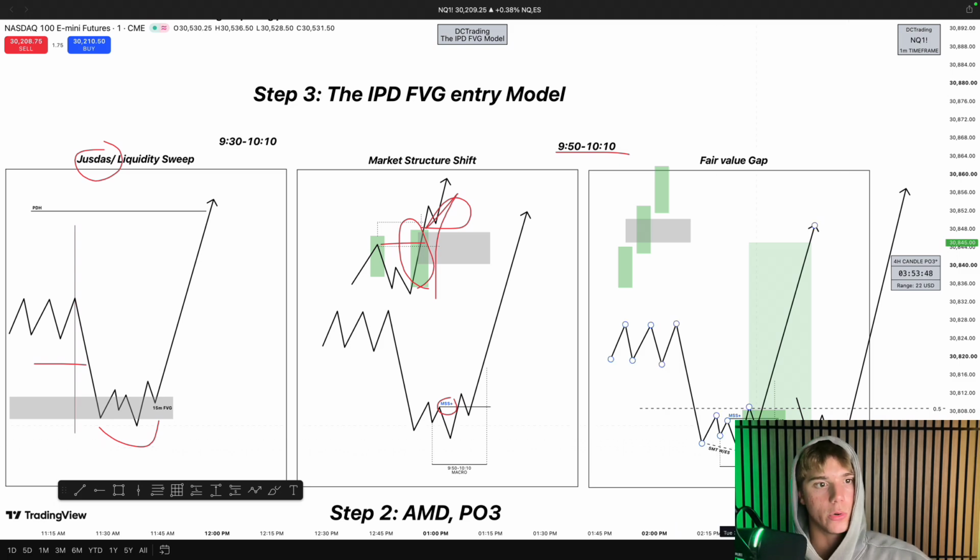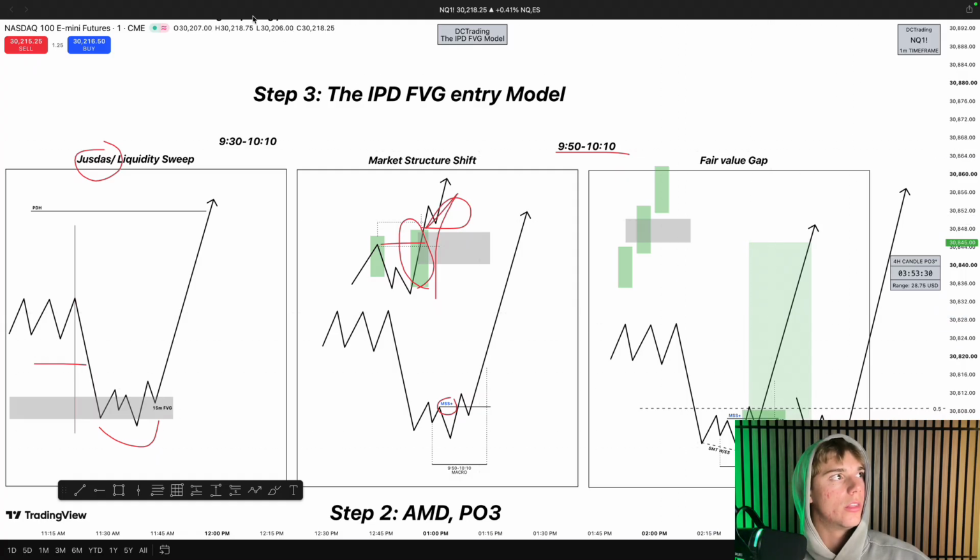The other way that you are going to use an SMT divergence is going to be on the higher time frame, preferably on the 15-minute, and you are going to look for your London and Asia low or high. The highest probability SMT, once everything else aligns, right?